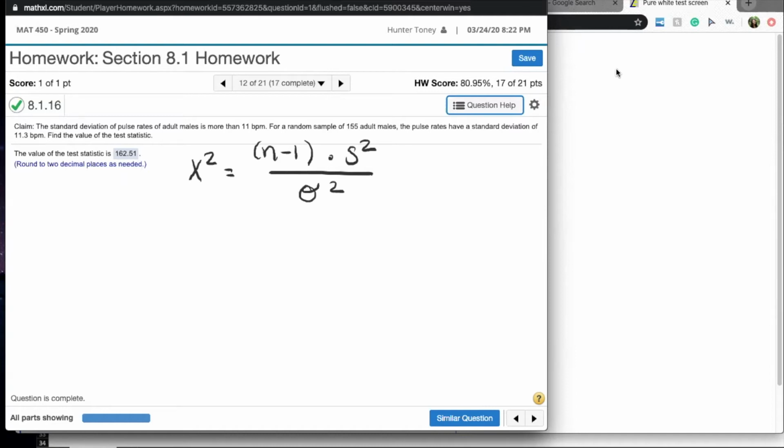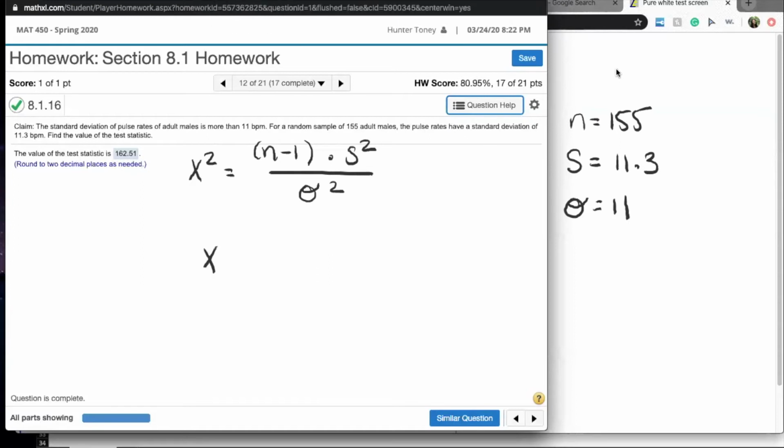If we pull out what we know from the problem, we had our n equal to 155. We have our s, or our sample standard deviation, equal to 11.3. And we had our sigma, or our population standard deviation, equal to 11 flat.